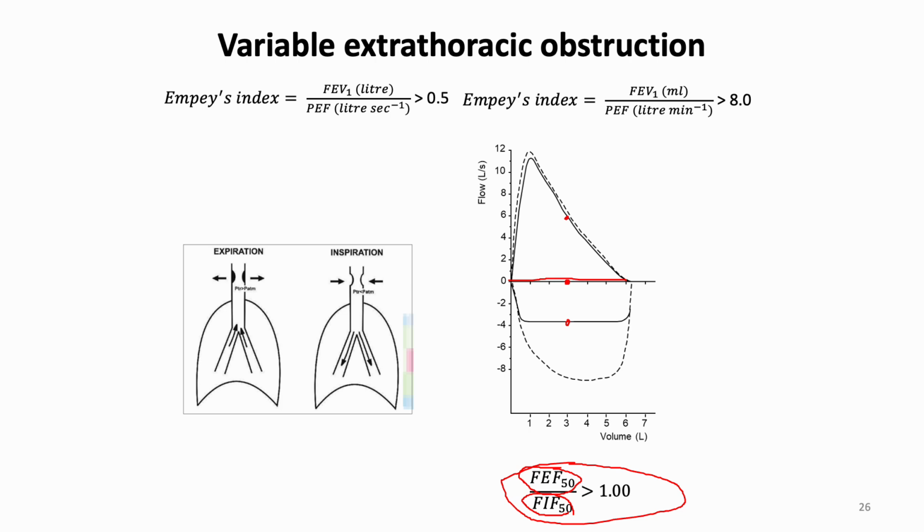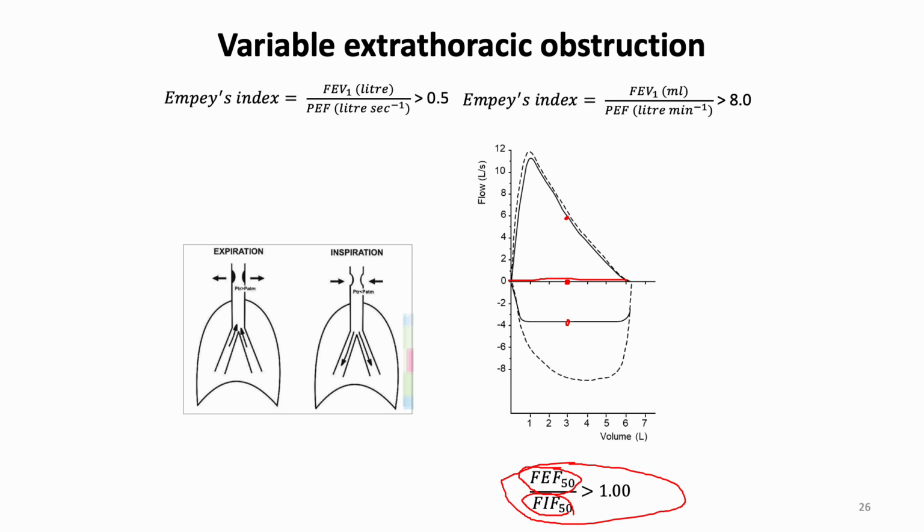But let's first consider what actually happens in the airways if there's a variable extrathoracic obstruction. So it's an obstruction in the part of the trachea that's located outside the chest cage. So in these parts of the airways, pressure within the airways becomes very positive during a forced expiration.